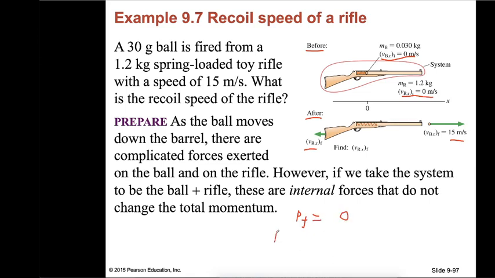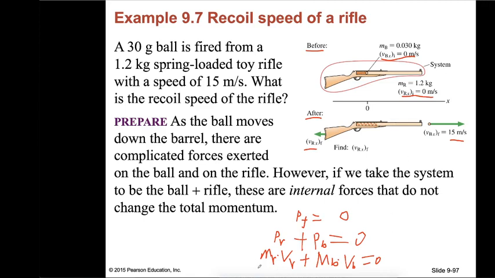P final is P rifle plus P ball equals zero. P rifle is M rifle times V rifle, and P ball is the mass of the ball times the velocity of the ball, equals zero.